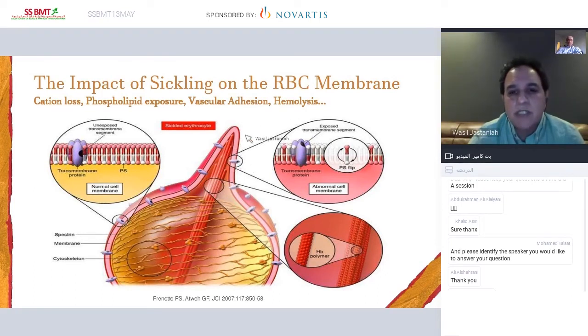But also this membrane stretching or damage causes expression of phospholipids that stimulate not only the inflammatory system, but also the coagulation system.